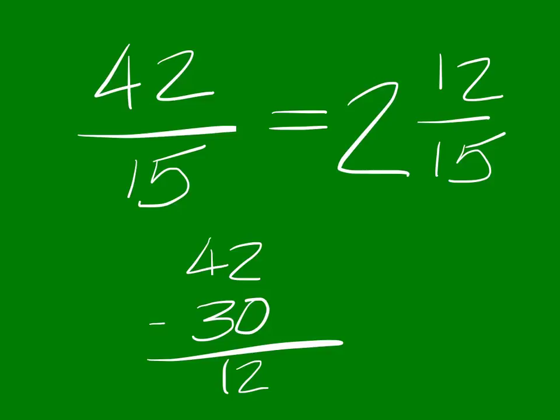What number does go into both evenly? 6 will not go into 15. 5 will not go into 12. 2 will not go into 15. 4 will not go into 15. 3 will go into both of them.